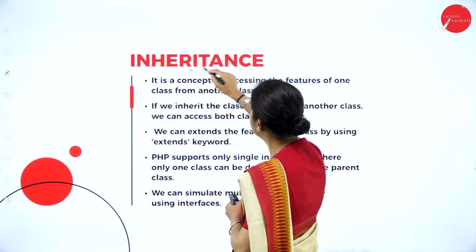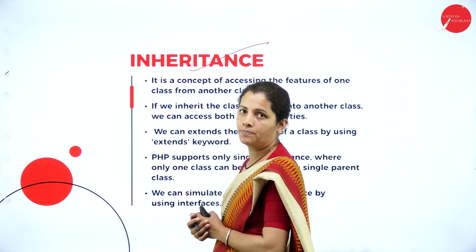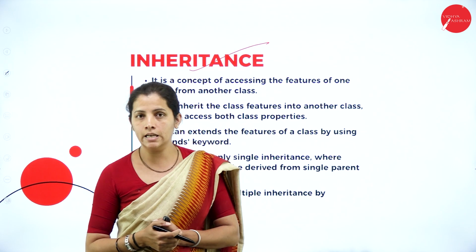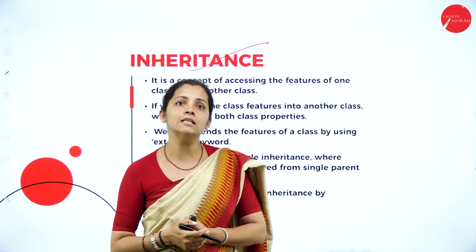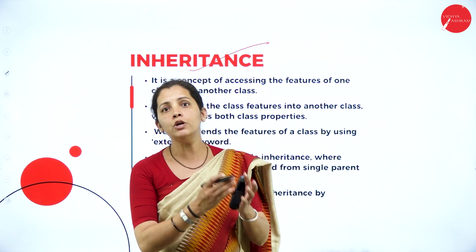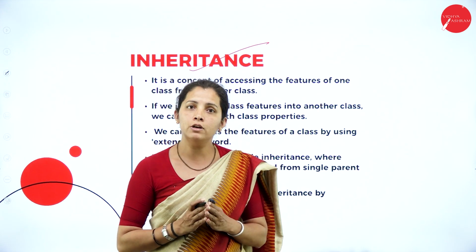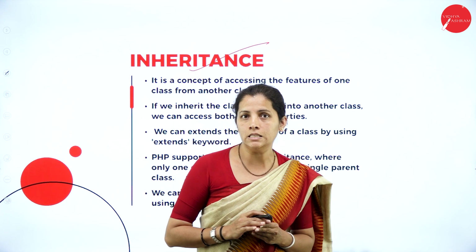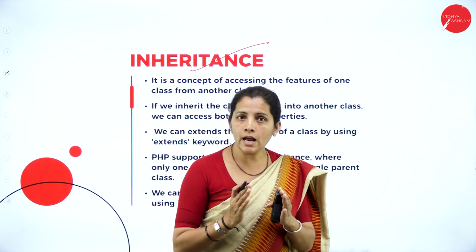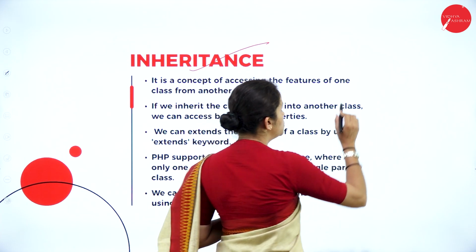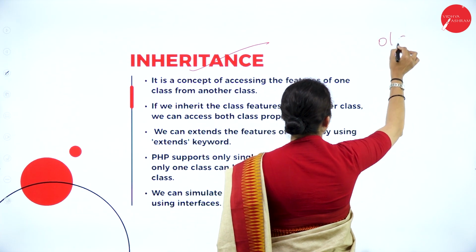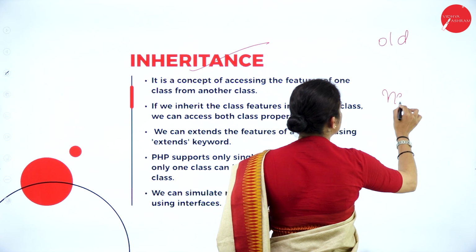Now, I have the concept called inheritance. What is inheritance? Inheritance is nothing but reusability. Reusability in the sense, when I want to reuse the property, I'll go with inheritance. Whenever I want to understand a concept like inheritance, you have to remember two things: one is your old class, one is your new class.